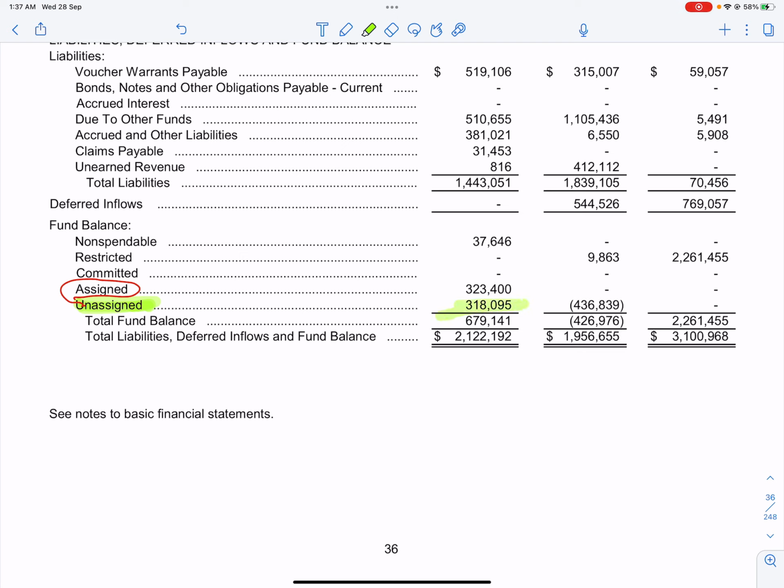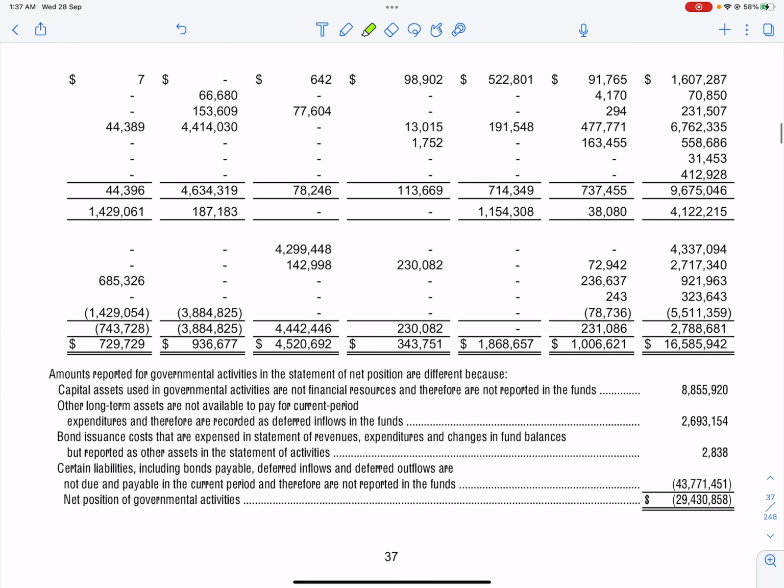It has a positive fund balance or positive unassigned fund balance, but for other governmental funds this category is used only as a negative fund balance. You can see here it has a negative fund balance. Again, if you look over here, they have a negative fund balance.